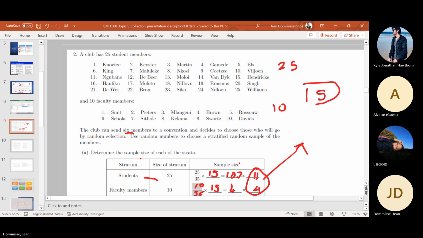So my job is research. So what we normally will do is to say, okay, we've got a sample, we want to focus on Gauteng, Western Cape, KZN, and Eastern Cape.